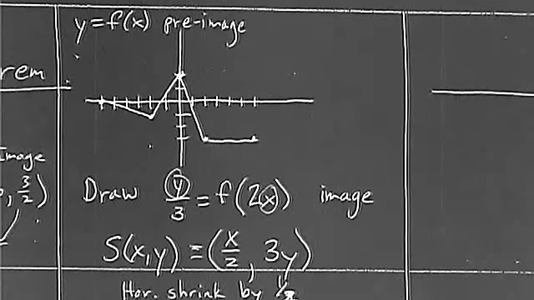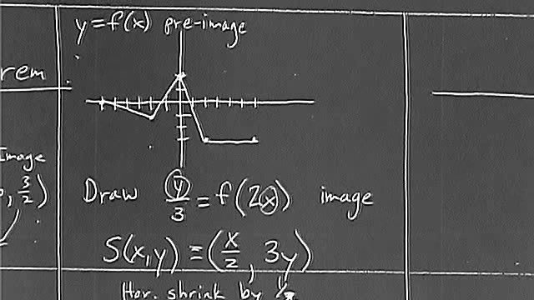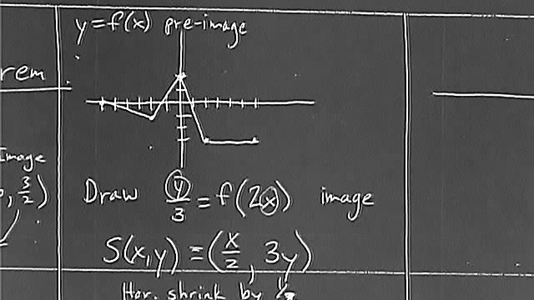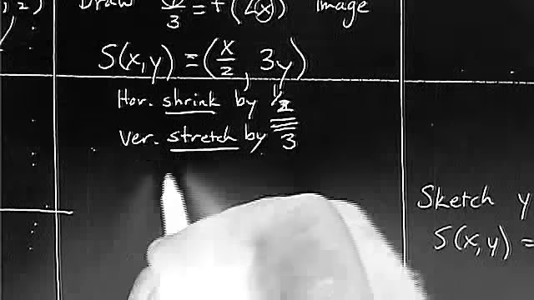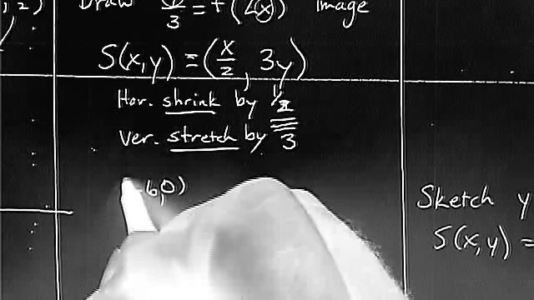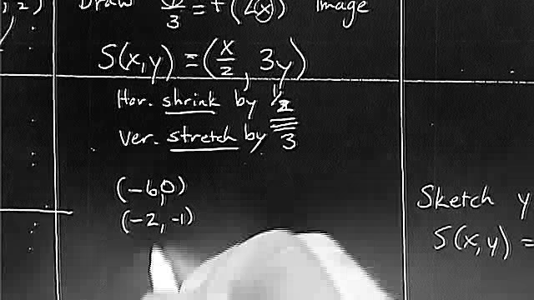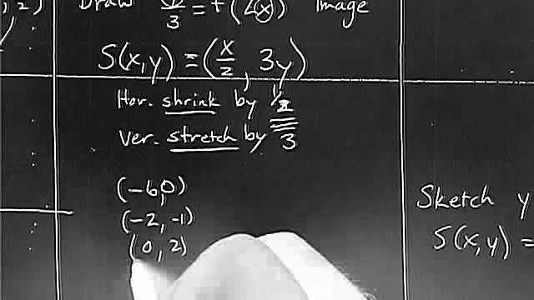Now we want to do this to the graph, see what happens. Well, it sure would be nice if I had a set of coordinates, because then I could just use the rule. So for instance, on my graph I had the point -6, 0. And I had -2, -1. And I had 0, 2.